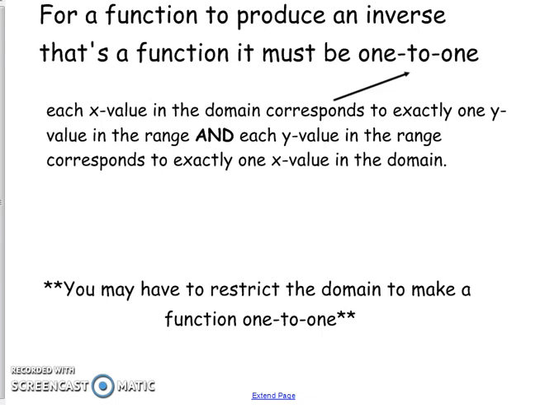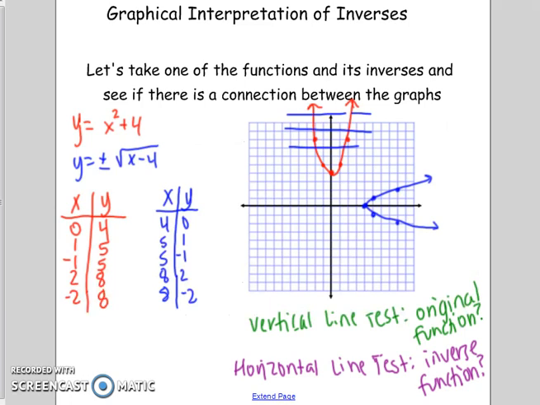So when you don't have a one-to-one function, you can restrict the domain to make it a one-to-one function. If we look at this example that we had here, I know that the inverse is not a function because I have 2 pieces. So if I get rid of a piece of it, if I get rid of this piece, let's say, and I change the function from being plus or minus to just the positive version, that's what that graph looks like.